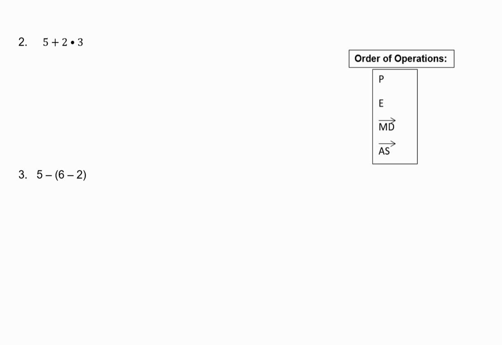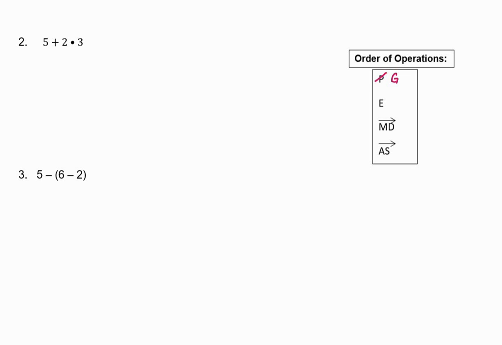I wish that we would change the P to a G. So instead of parentheses, I have G for grouping symbols. Any type of grouping symbol is going to have hierarchy over the exponents, multiplication, division, addition, and subtraction. So your grouping symbols could include not only parentheses, but brackets, absolute value signs, and radical signs.